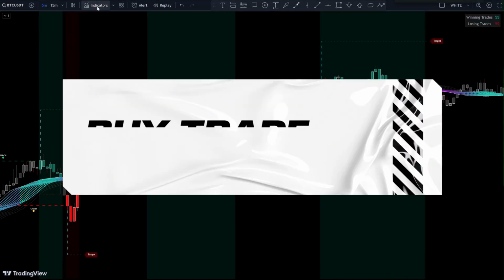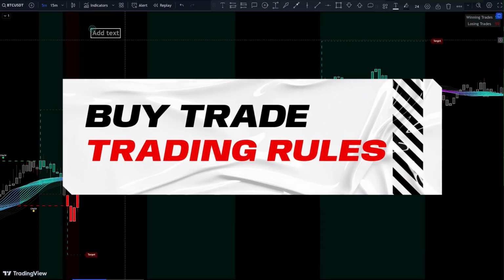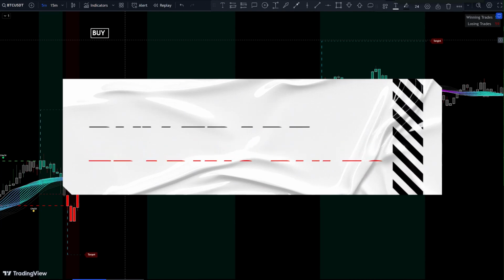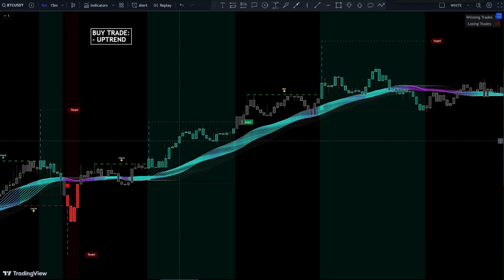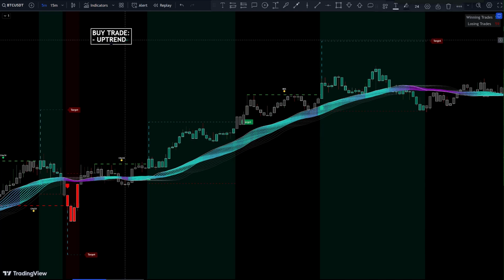When the market is on an uptrend, the price candles will be comfortably above the double ribbon indicator. This is our cue to focus on buying opportunities. We're looking for bullish breakouts of the CHOCH or BOS levels.